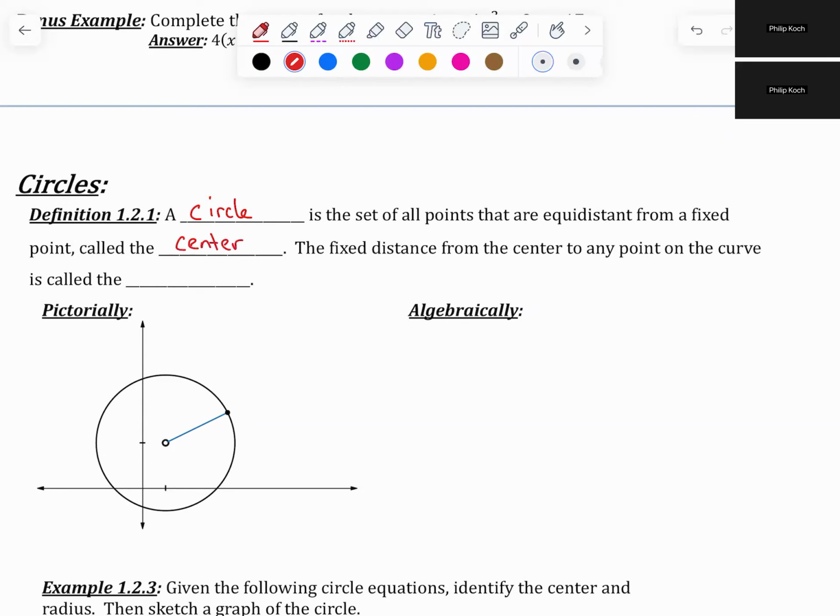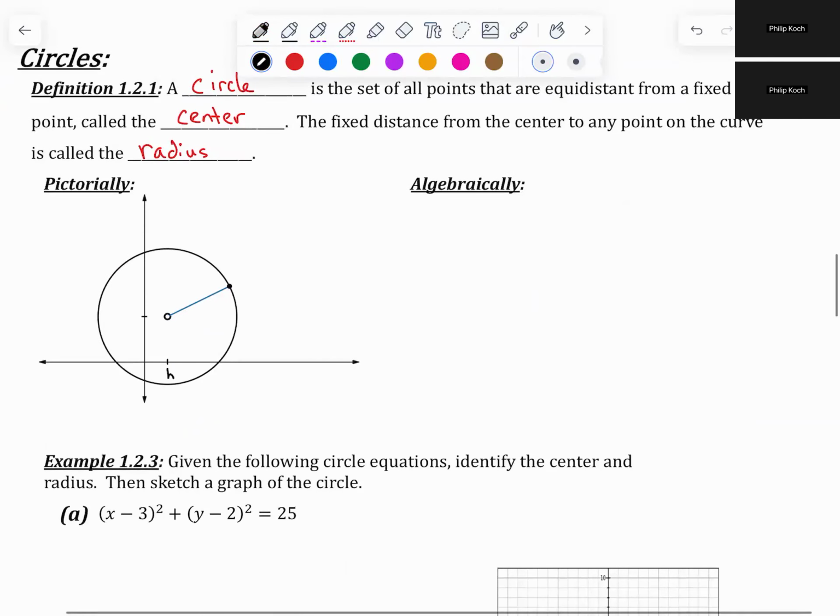The fixed distance from the center to any point on the curve is called the radius. So we usually label the center as H, K. That's the center, H comma K. And this is the radius right here, radius R.